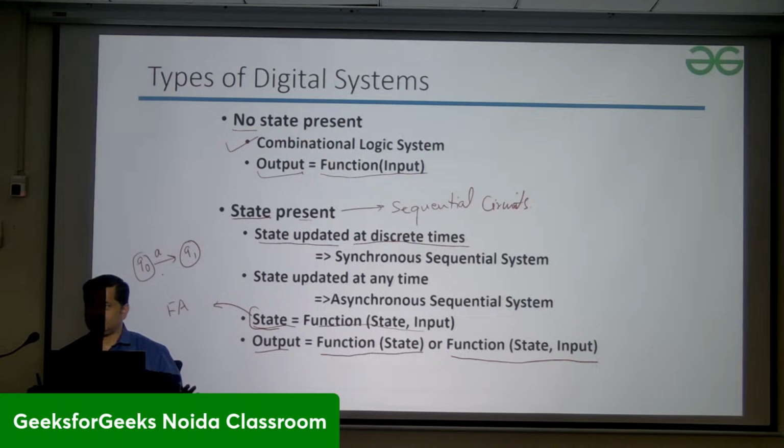This is a simple finite automata, and if I associate output along with this, input over output, then if output is dependent on state only, or on state as well as input both, accordingly you classify this finite automata as a Moore machine, and this is the Mealy machine.